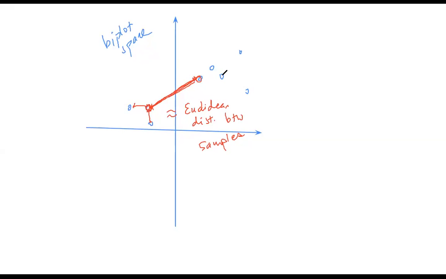Which is nice because points that are close together are close in the Euclidean sense. Easy to interpret, because Euclidean distance is the usual distance that we talk about on a flat space. So the distance in the biplot is meaningful in the Euclidean sense.